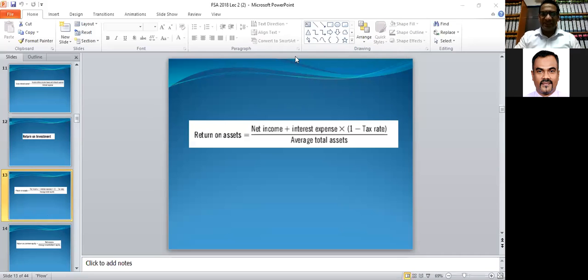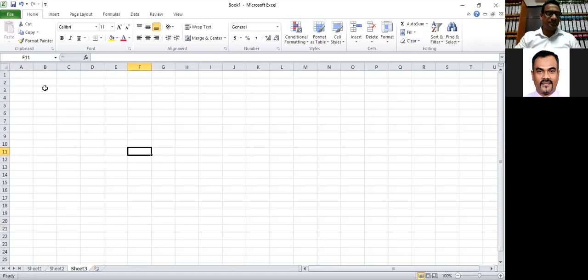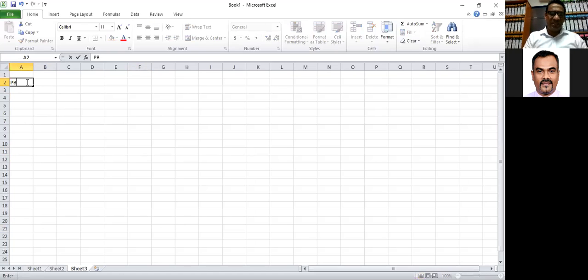Okay, let me take an example. Again, I'll go back to the Excel sheet. Say the company has PBIT, profit before interest and tax, of rupees 100 million. Then let's say interest is 10.